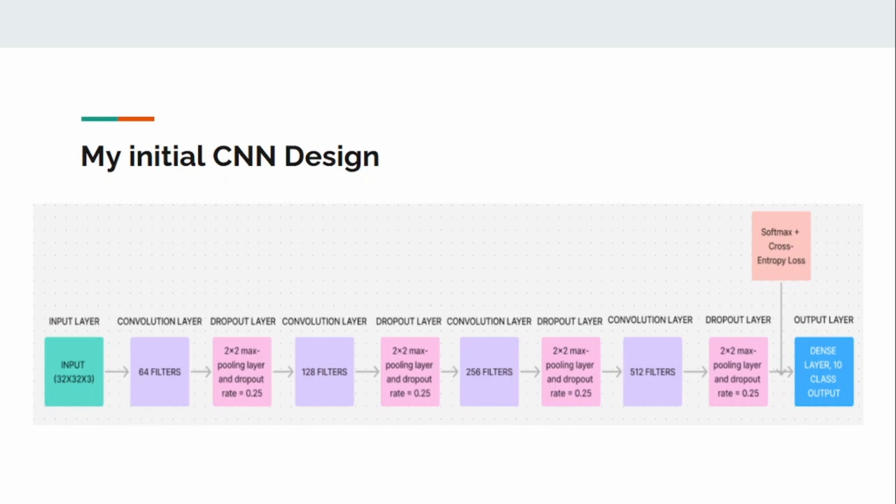Lastly, max pooling contributed to preventing overfitting by forcing the network to focus on the most prominent features rather than memorizing exact pixel locations, which can otherwise lead to poor generalization on unseen data.